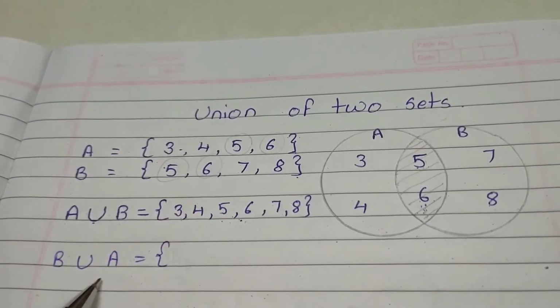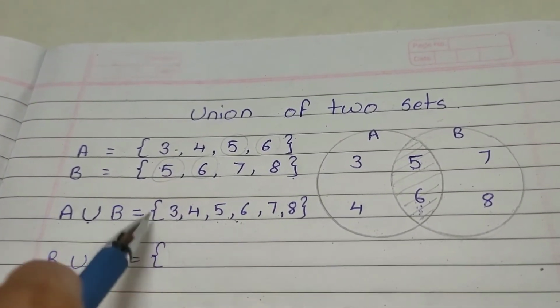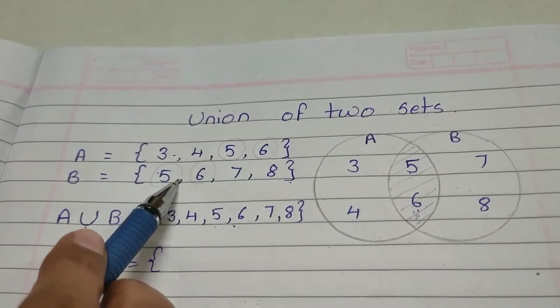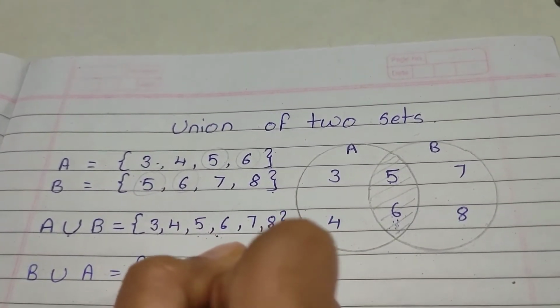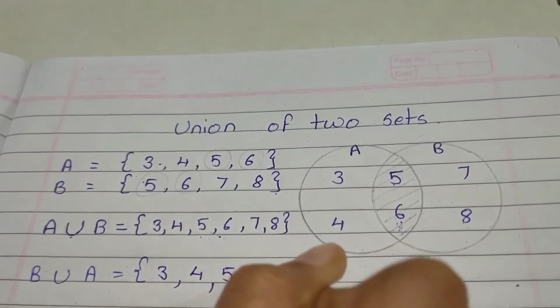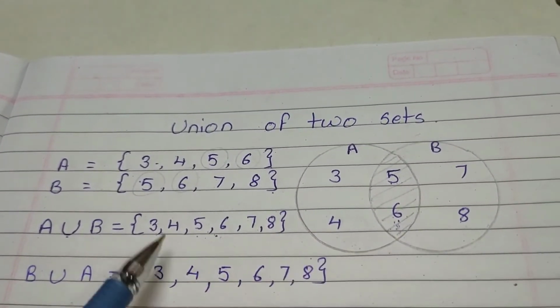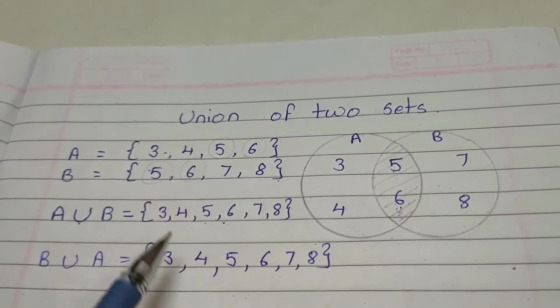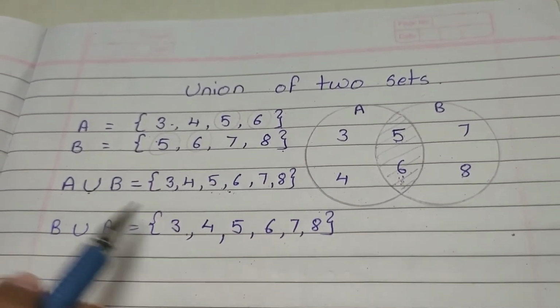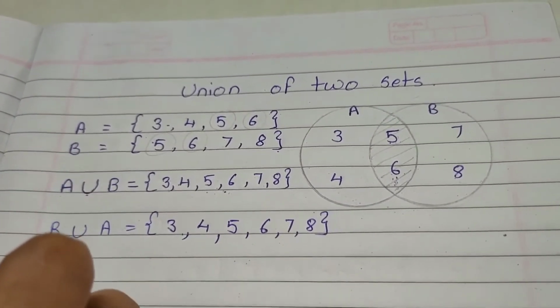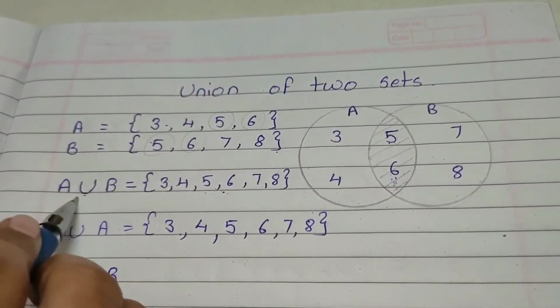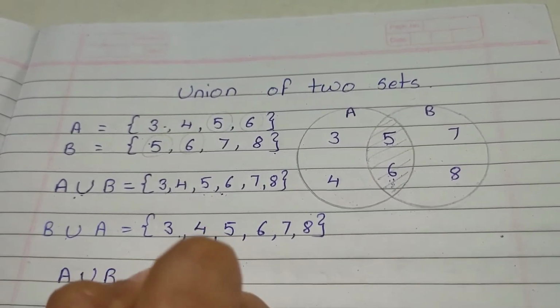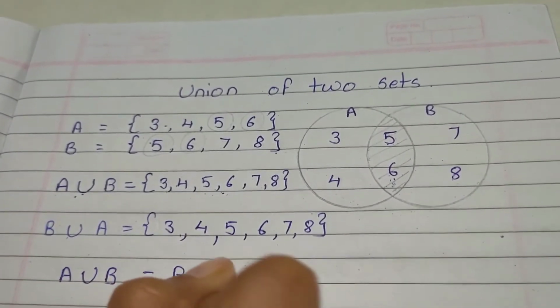Same answer, meaning all the elements of sets A and B. So that is 3, 4, 5, 6, 7, 8. The answers are identical. Both answers are the same. So the left-hand side is also the same. So the first property is A union B is equal to B union A.